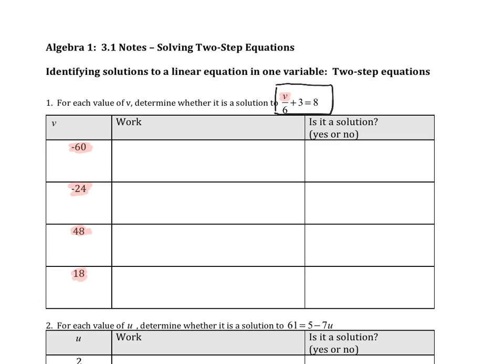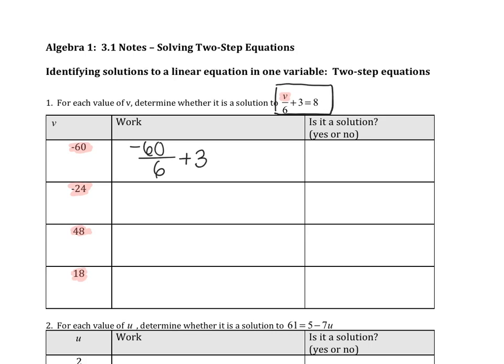In order to figure out if they're a solution, we're going to take all of those numbers that I highlighted and plug them in for V and see if they in fact equal 8. So the first one is negative 60 divided by 6, plus 3.